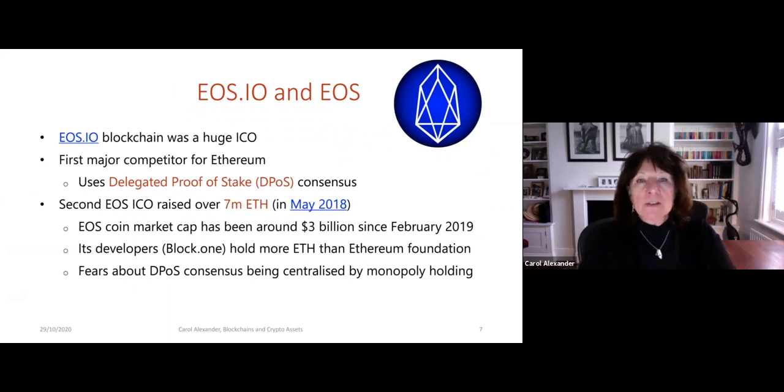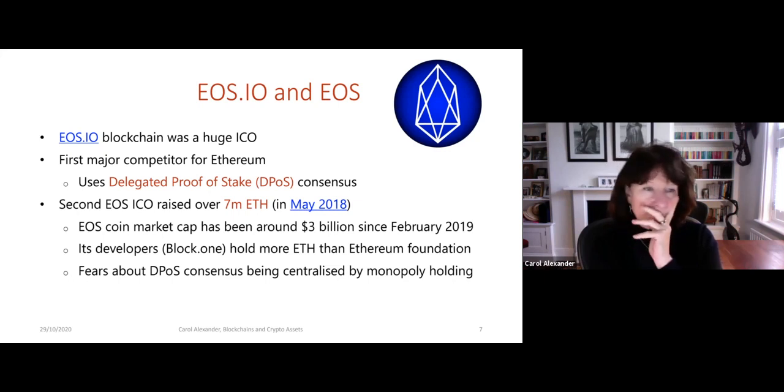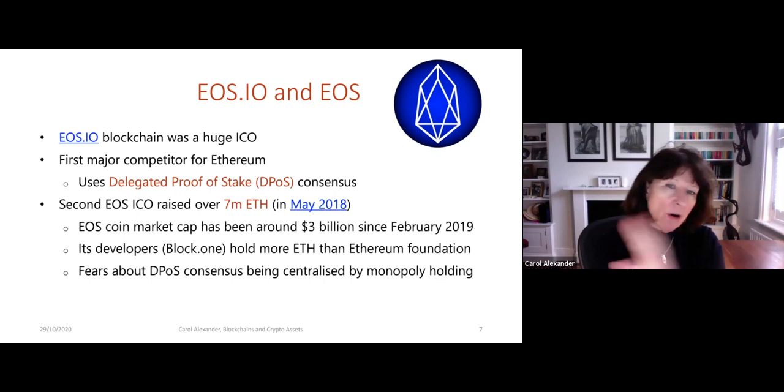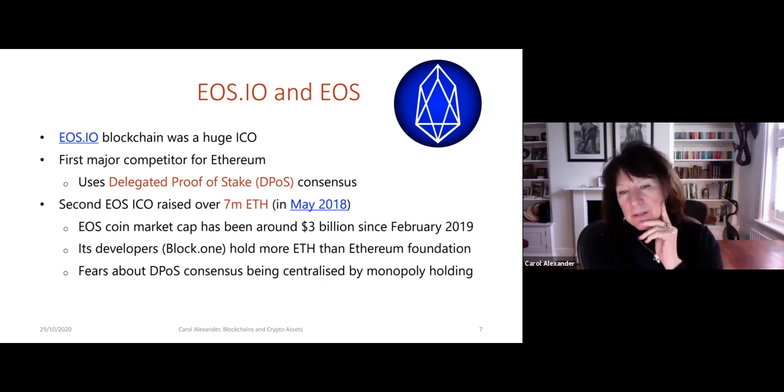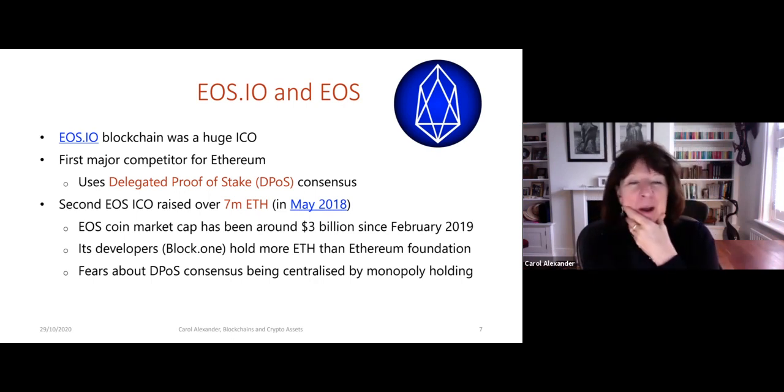What about EOS? EOS.io, the blockchain, and EOS, the coin, there's the symbol. So the EOS blockchain was a very, very large one. You saw the very first one, 168 million. It was the first major competitor for Ethereum. It used delegated proof of stake from the start. There's been an ongoing argument between the EOS development team, Block One, and Vitalik Buterin and his Ethereum team about the advantages and limitations of proof of stake versus delegated proof of stake.